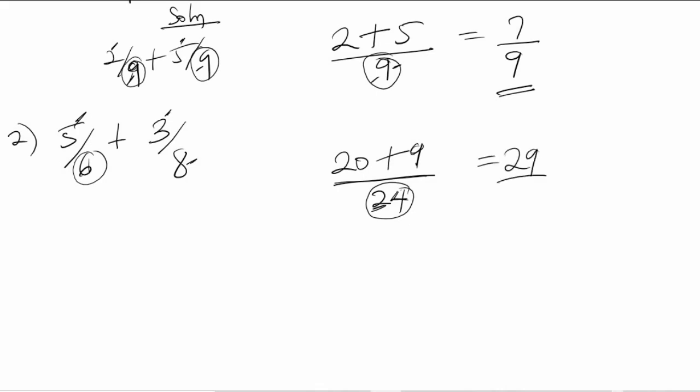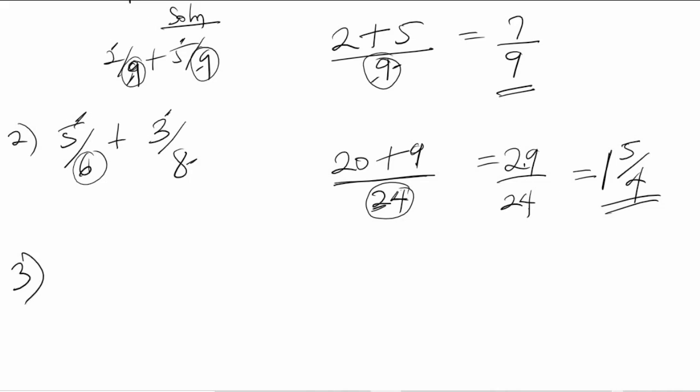So this becomes 29 over 24, which is equal to 1, remaining 5 over 24. Very simple.